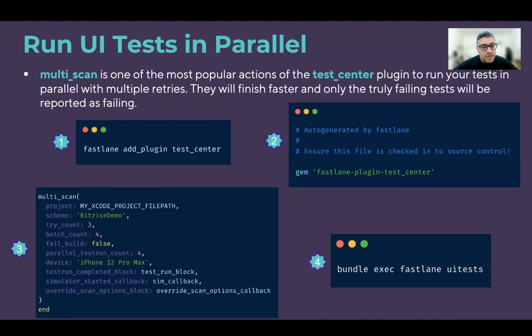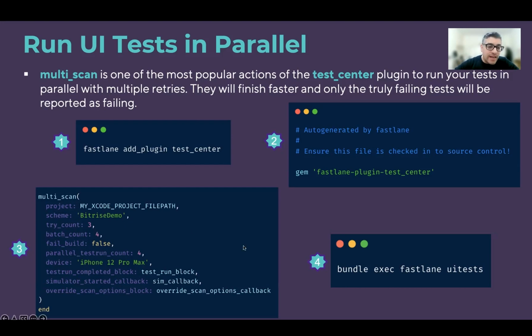Parallel test runs, I can run on 4 devices at the same time. Fail build false, I don't want it to fail the build. And the device name as well. Test run complete simulator. So I also have different options in this one.